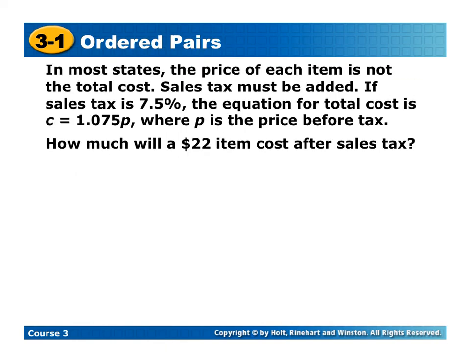Alright, so now it's your turn. Why don't you go ahead and try this one out on your own. So this one we're looking at, most states charge sales tax. If sales tax is 7.5%, this would be the formula, the equation for the total cost. So we want to know how much will a $22 item cost after sales tax. Well, your cost is equal to 1.075 times your price.